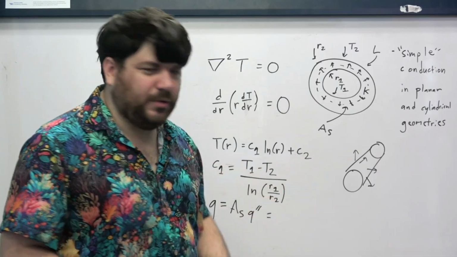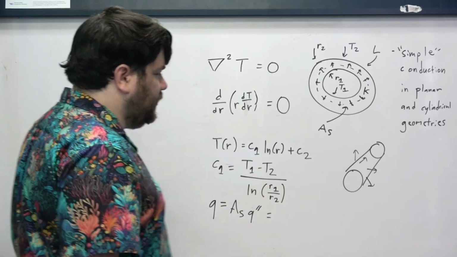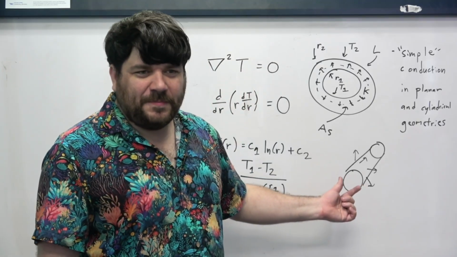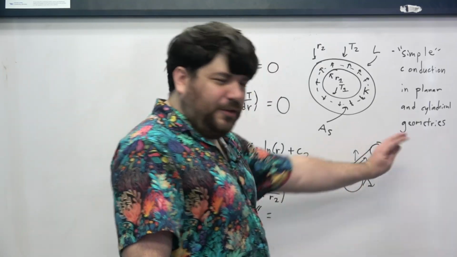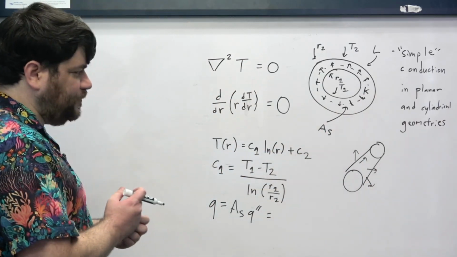And what is the curved portion of the cylinder? Well, this is basically just taking a circle and projecting it down some axis.